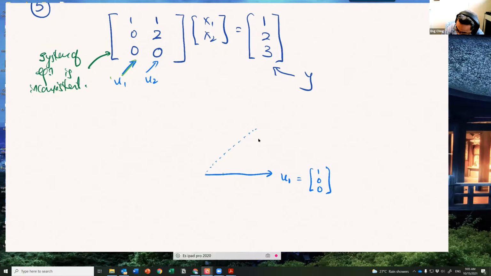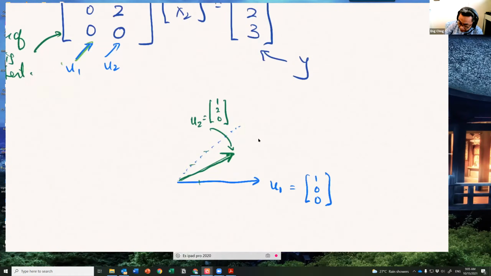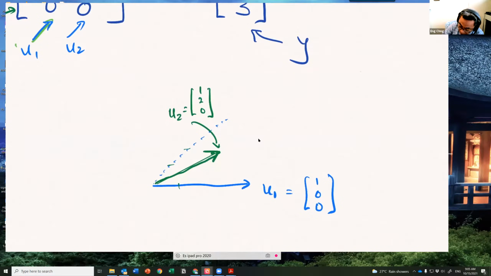So this guy is U2. U2 equals 1, 2, 0. Compared to the other one, which is 0, 1, 0, for example.